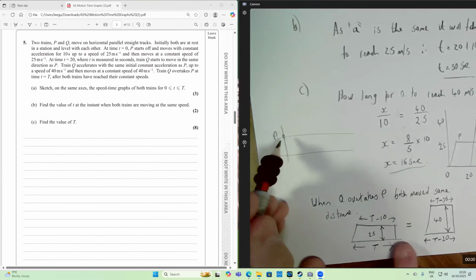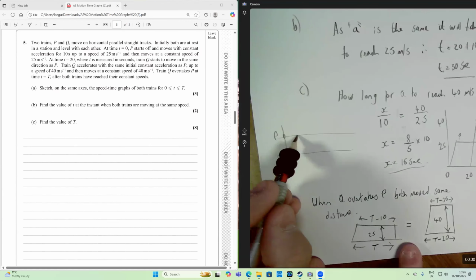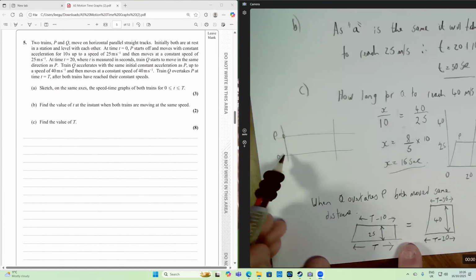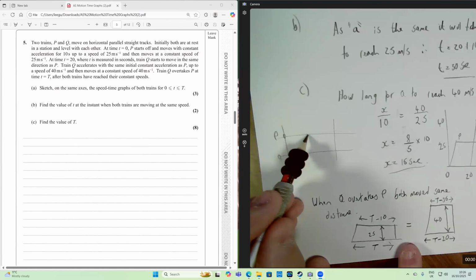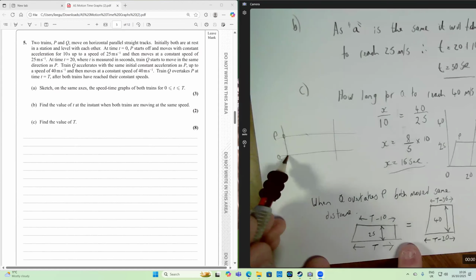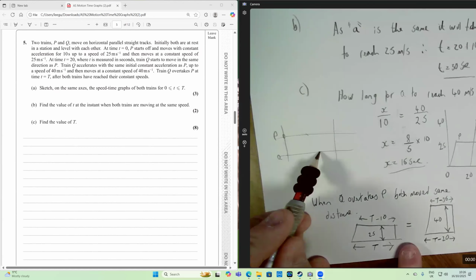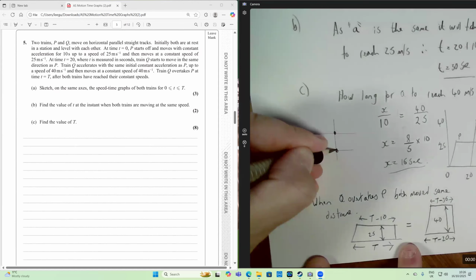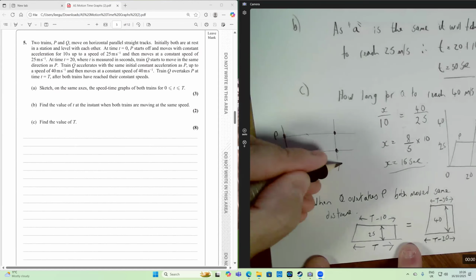P starts off moving, accelerates, and then it moves at a constant speed. Let's say P is here when Q is here. Then Q starts and accelerates. But at some point, there comes a moment where Q overtakes P at the time t.